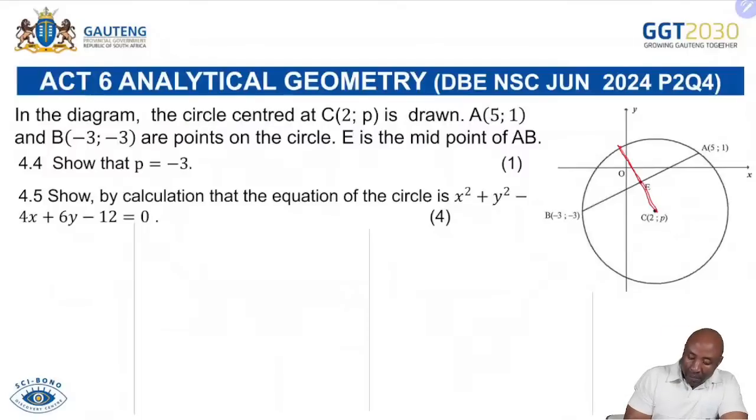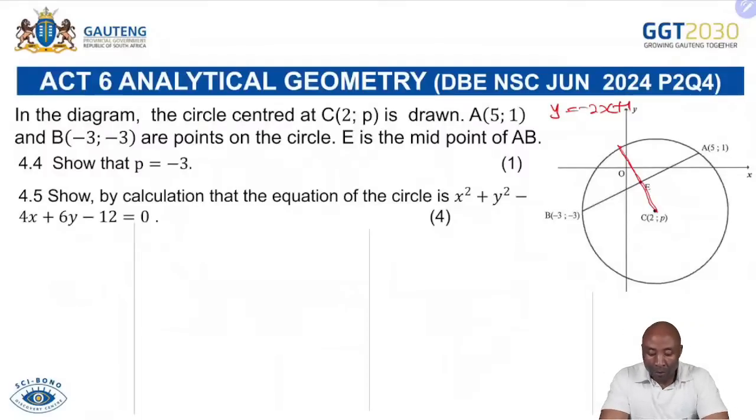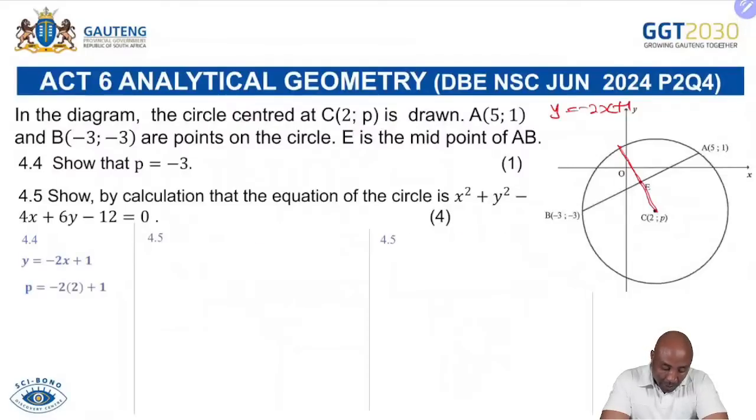And we got the equation as y equals negative 2x plus 1. So we are going to use that equation. We substitute our x as 2 and we substitute our y as p, and we should get the value of p as negative 3. That's how we got it.